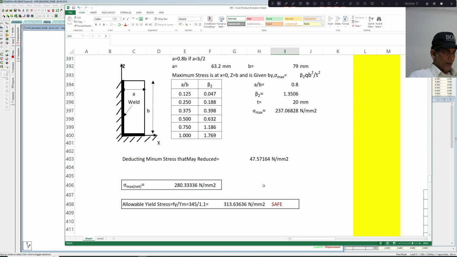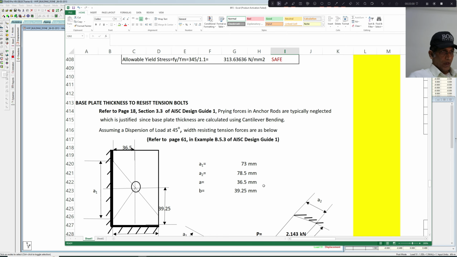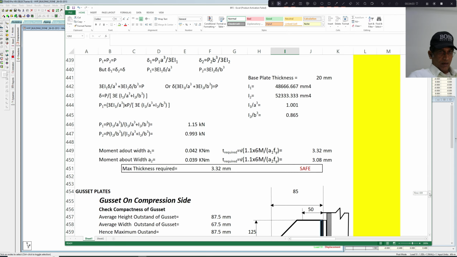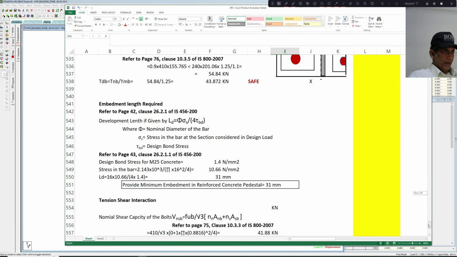So sigma max is 20 mm base plate is okay with 5 bolts. Now we are using 5 bolts. Other checks are also okay. Embedment length required is 30 mm, but we should at least provide a nominal embedment length of 250 mm.